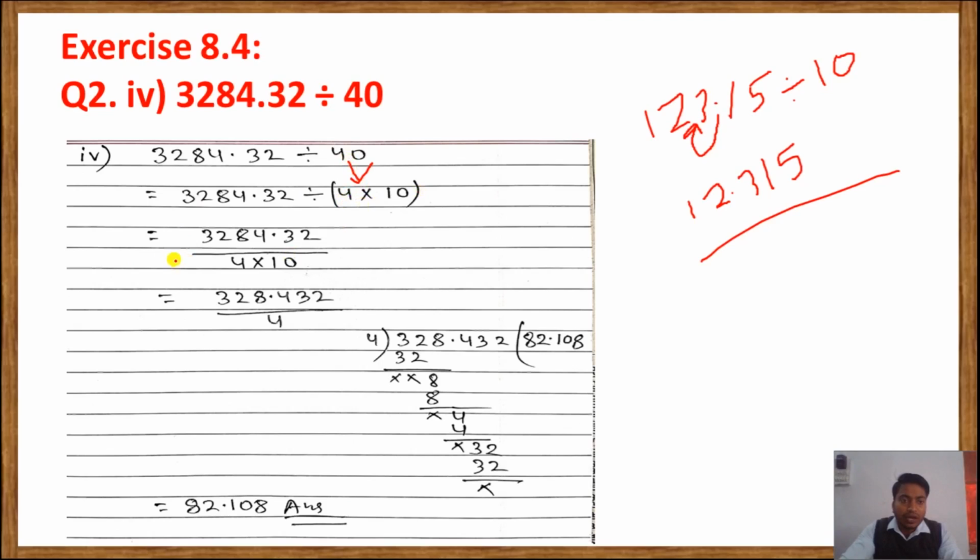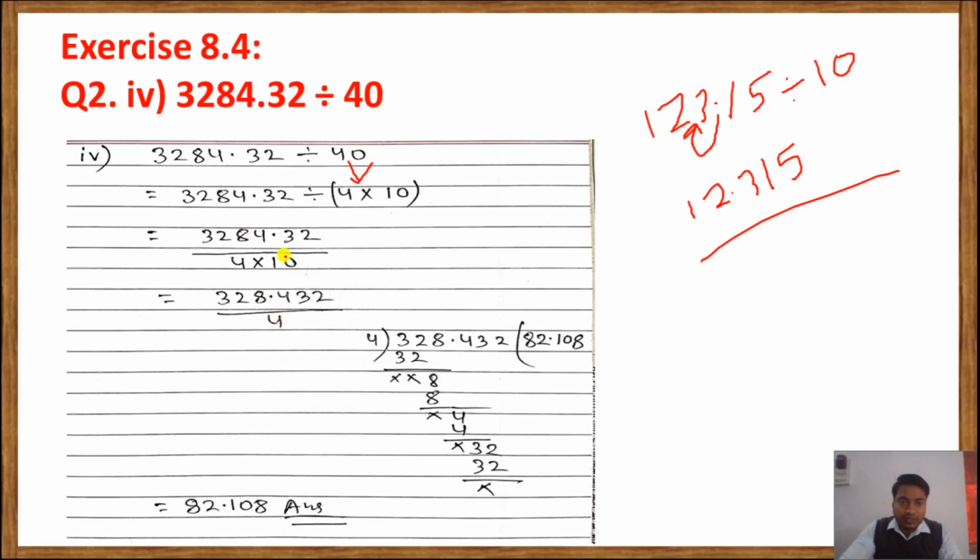Now you write 3284.32, and this we have to divide by 4 into 10. What you have to do here: first you have to divide this decimal number by 10. After that, whatever result you get, we have to divide by 4.